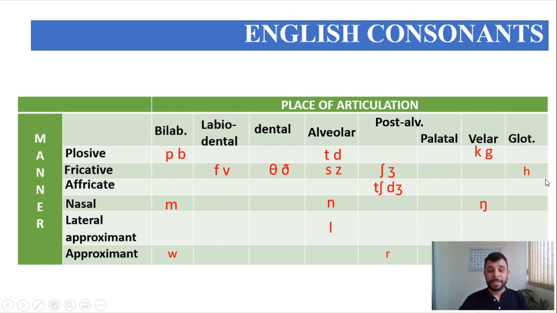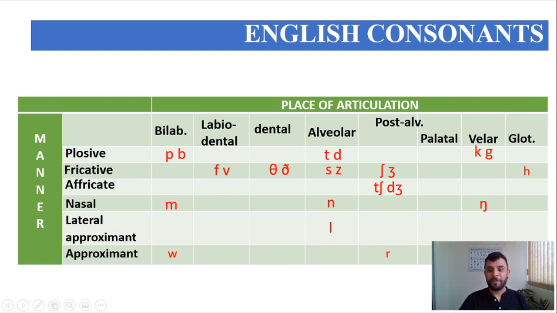This also happens with this sound here, which is a very typical English sound, just like in car. This is a post-alveolar sound. So the blade of your tongue approaches the post-alveolar region and air is still able to escape. Approximant, right? This is how the obstruction occurs. It does not touch, it gets closer, right?